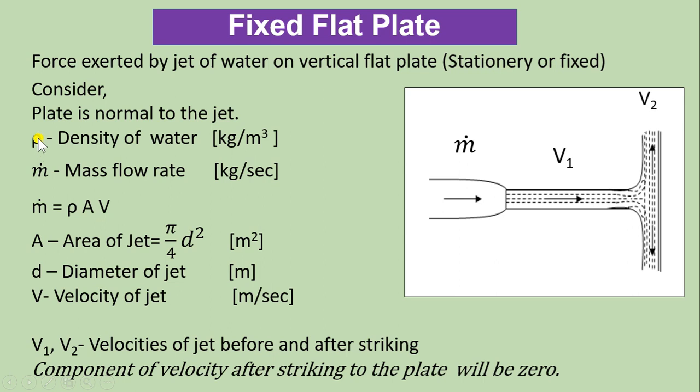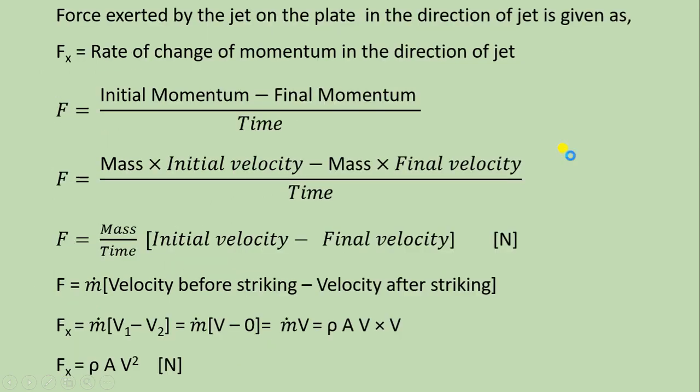So the parameters: rho means density of water, and mass flow rate, which is rho A V, where A is the area of the jet, equal to pi by 4 d square, where d is the diameter of the jet, and v is the velocity of the jet. The component of velocity after striking the plate will be 0, that is after striking this velocity becomes 0. So v2 is 0 and v1 is v.